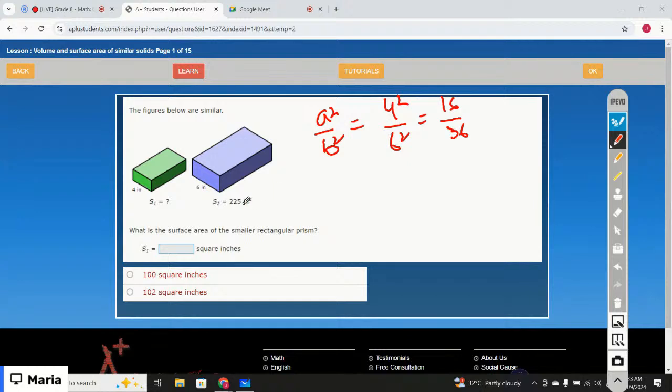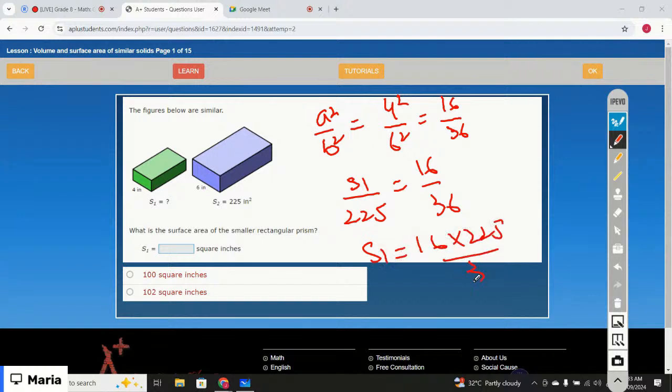And you have to make a ratio between their surface area, so that is S1 divided by 225 equals 16 over 36. So S1 equals 16 times 225 over 36.